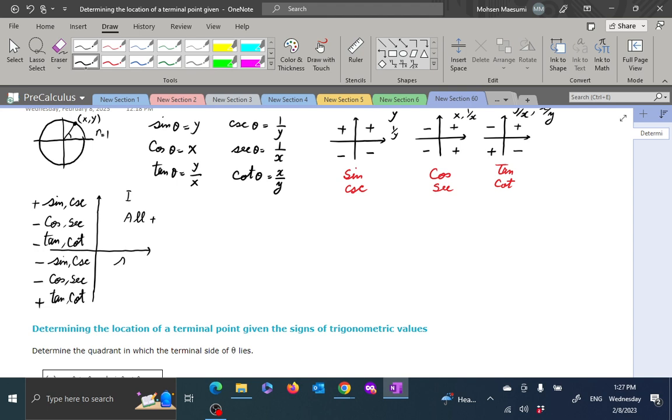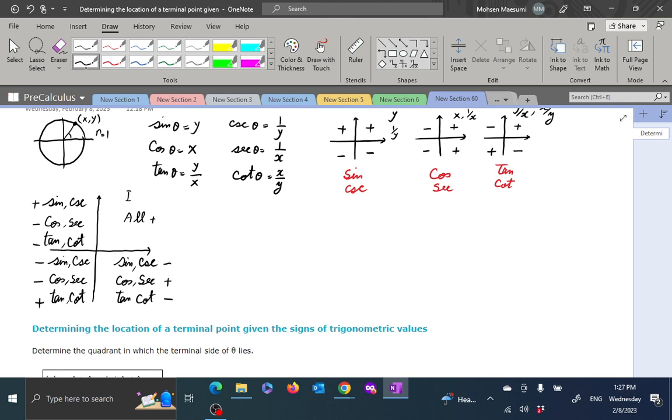So sine and cosecant, both of them are going to be negative, as we said. Cosine and secant go with x, and then they are both positive here. And tangent and cotangent, well, in the fourth quadrant they are going to be negative.